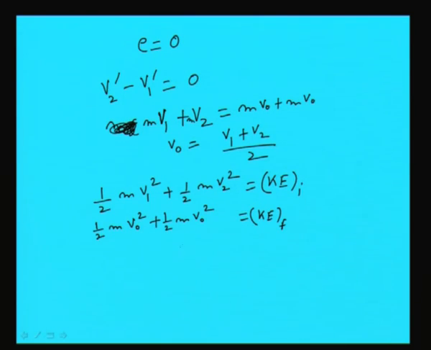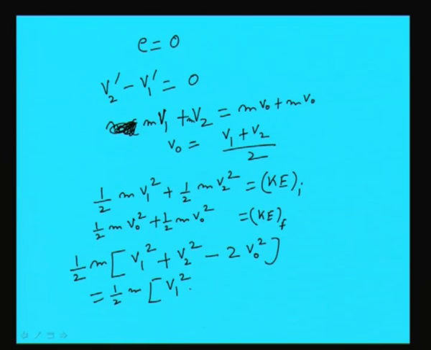So what is the change in the kinetic energies? Half m is common, so we can take half also common. So basically we will get V1 square plus V2 square minus 2V0 square, that is initial minus final.